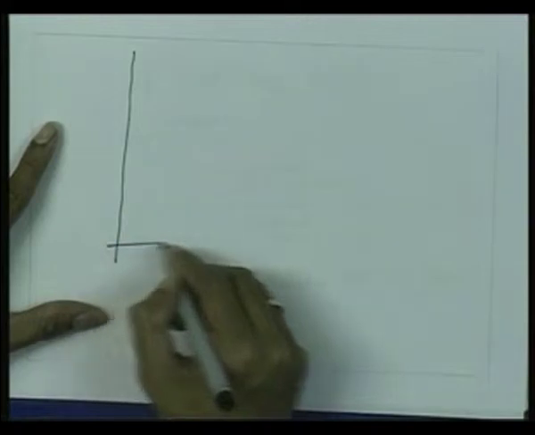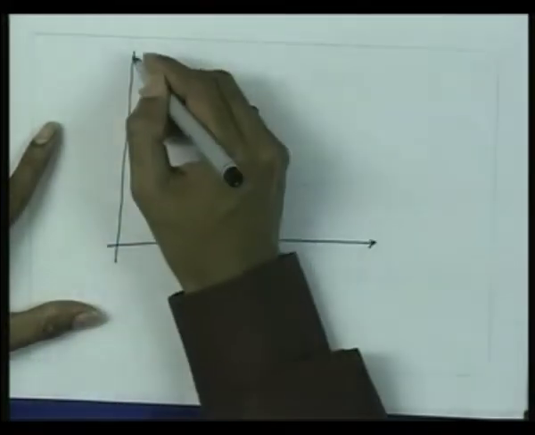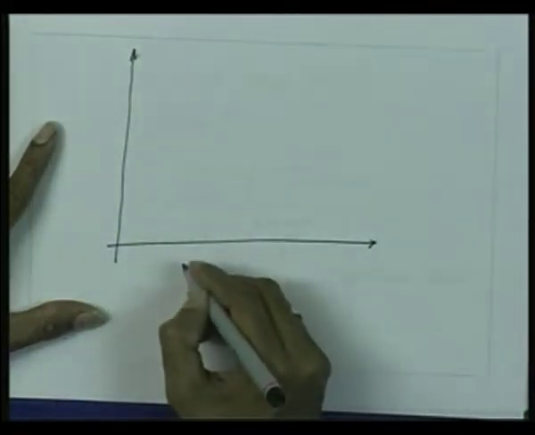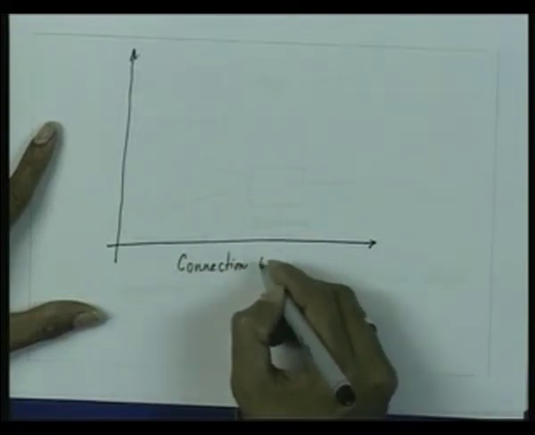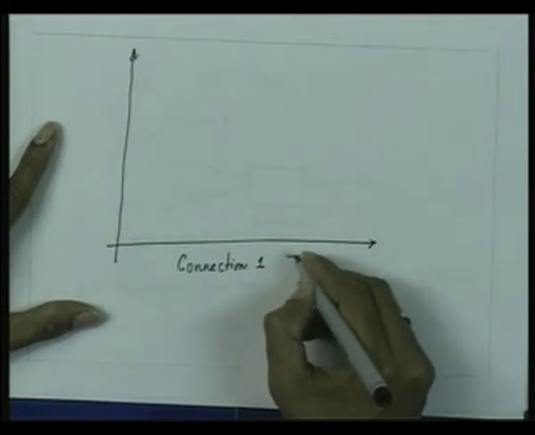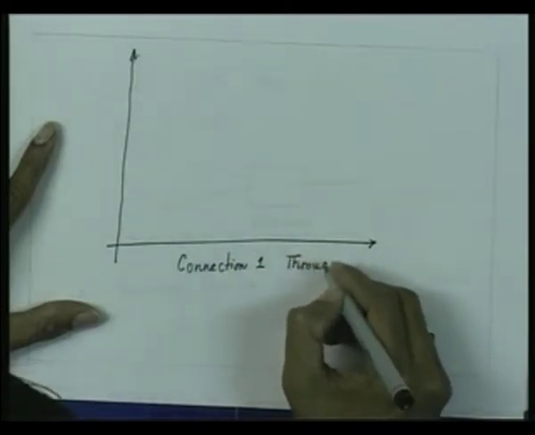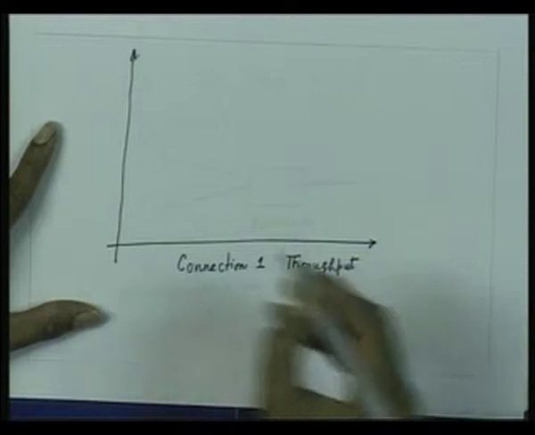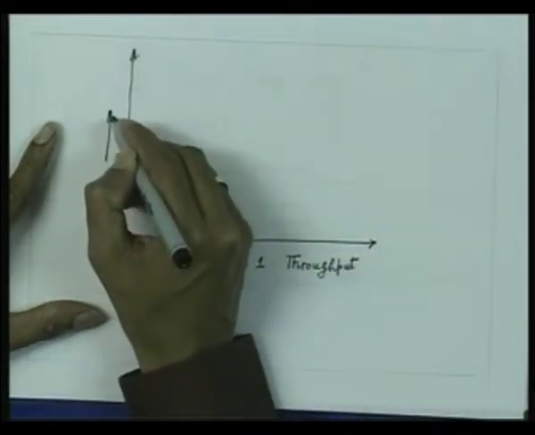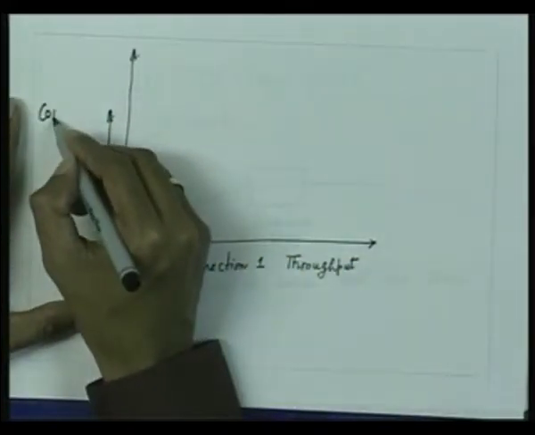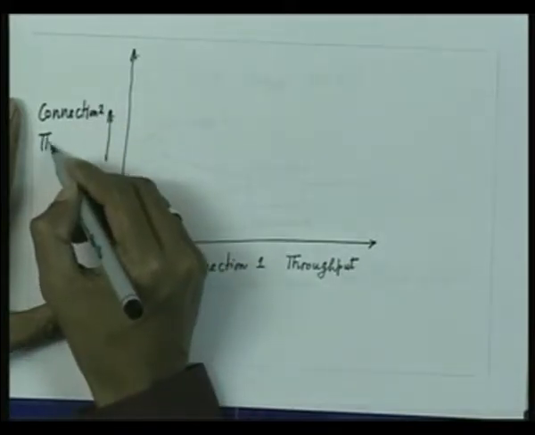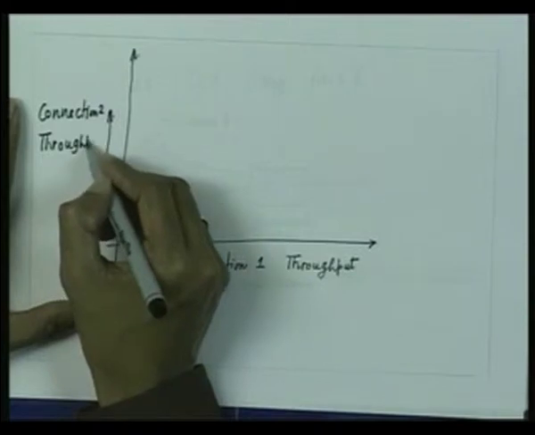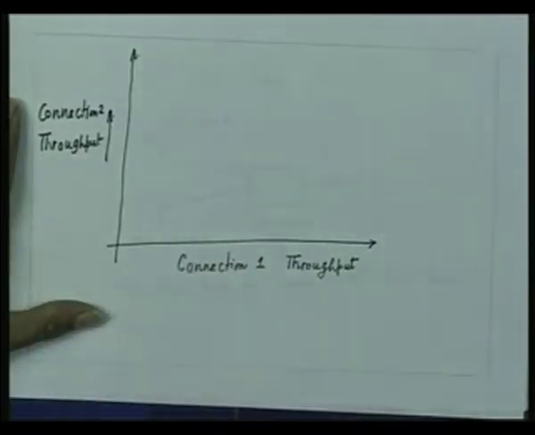Suppose you try to plot the two connections' throughput. This is connection 1, or TCP connection 1 throughput, versus connection 2 throughput.